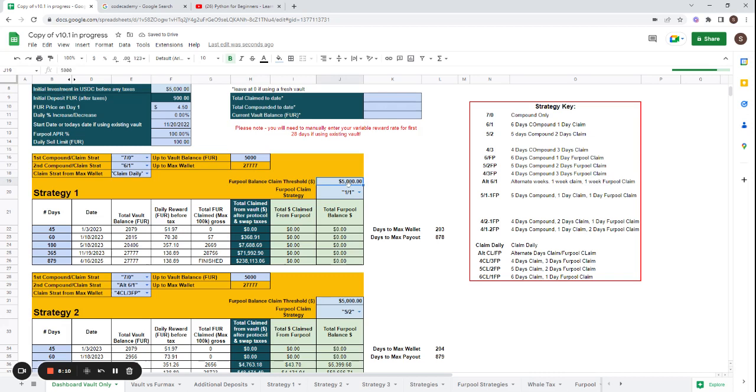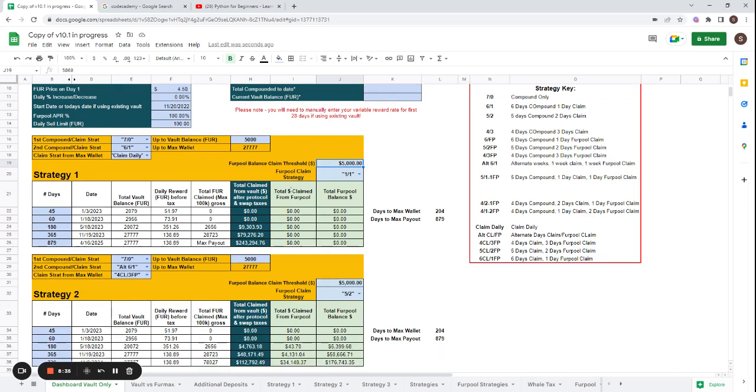Then in the Furpools, if you're using the claim to Furpool, the Furpool claim threshold is similar to this up to vault balance feature here. Basically, once your Furpool balance hits this number, you then start claiming using this strategy here. Up until you hit this number, it's going to assume that you compound every single day.